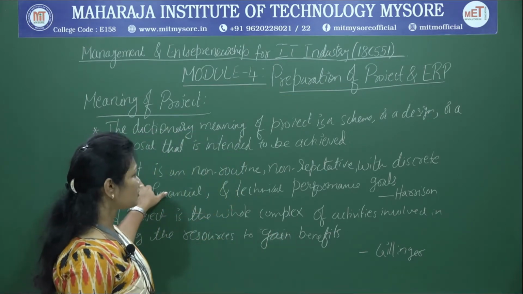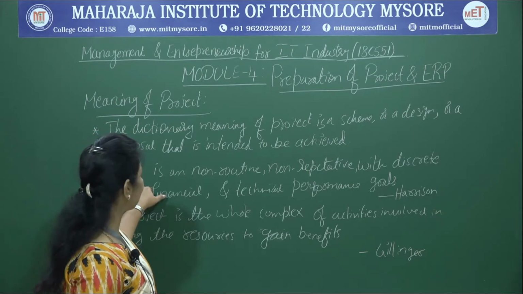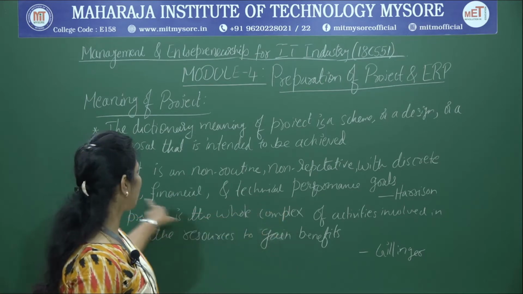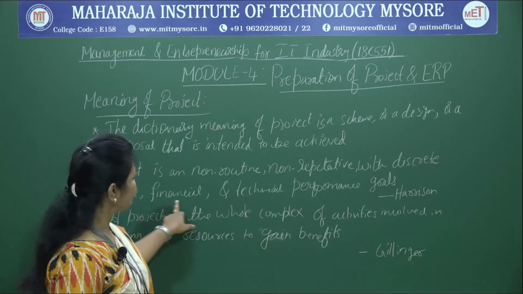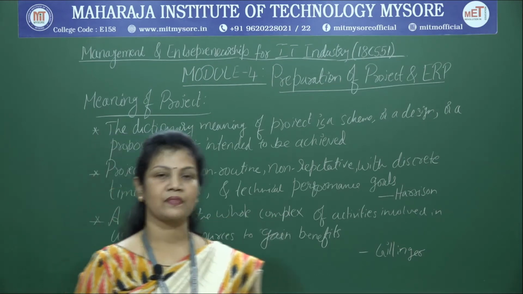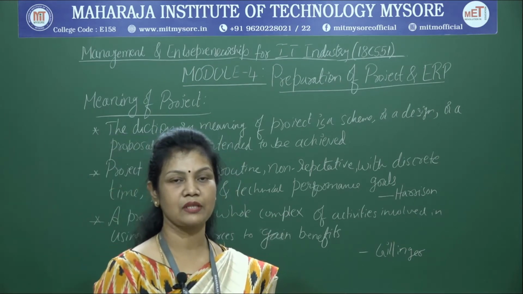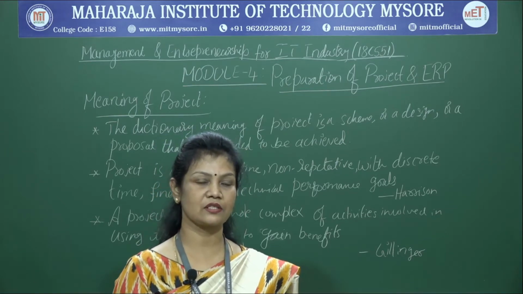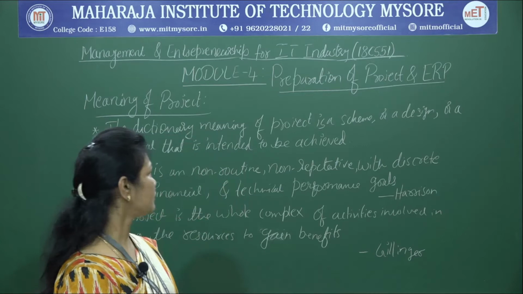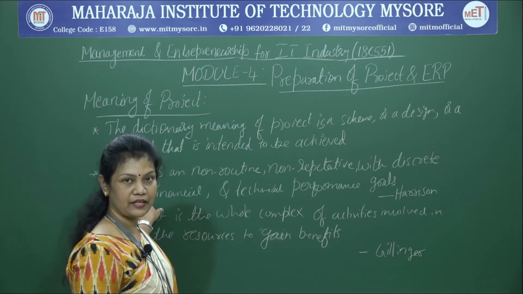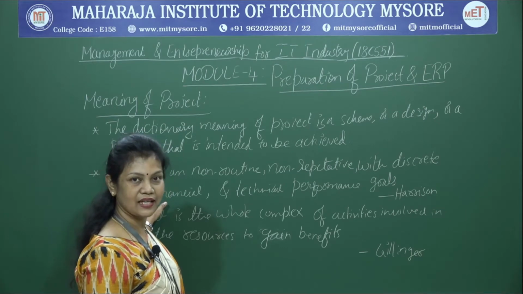It has also been defined by Harrison as a non-routine, non-repetitive, discrete time, financial and technical performance goals. Once the entrepreneur sets out to develop goods or services for the consumer, we cannot say that in this particular specified time the task is going to get completed.